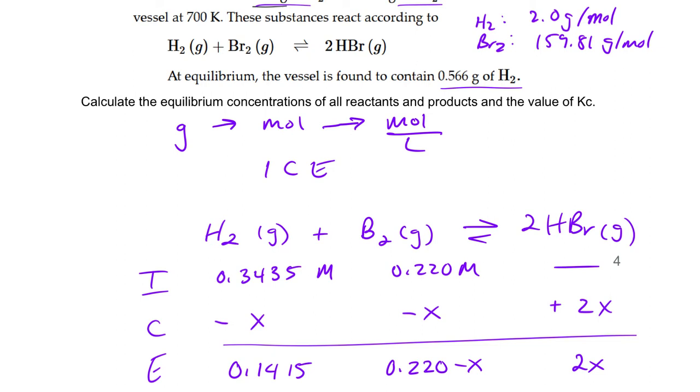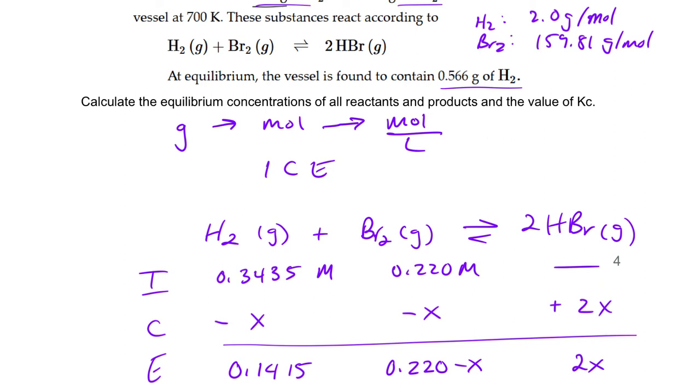Let's take a look at what I've written here for my ICE table. Without showing my work, I've put in the initial concentrations of H2 and Br2. I have 0.3435 moles per liter of H2, 0.220 moles per liter of Br2.